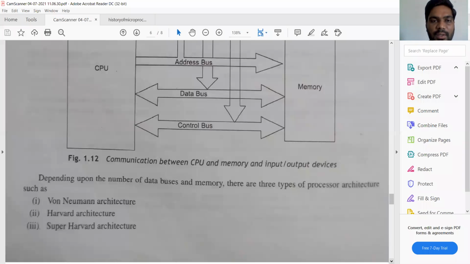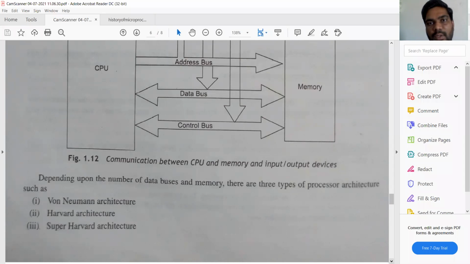These are the three architectures that are being used while manufacturing the microprocessor chip till today. That you have to keep in mind.